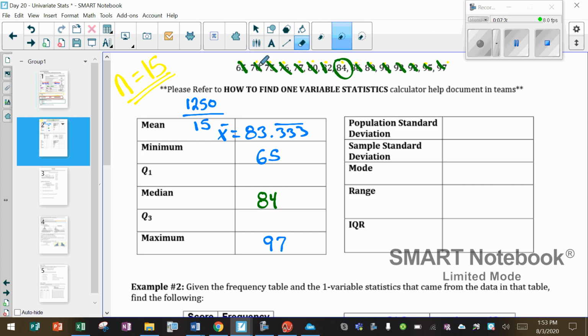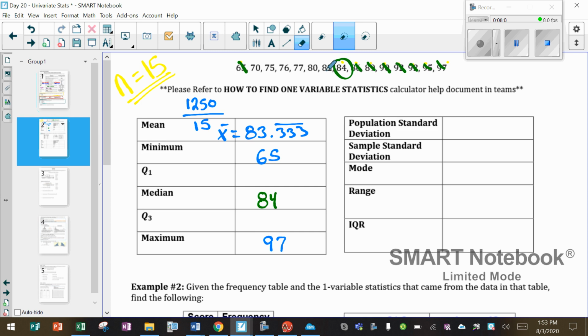So if our median is 84, now we have to find Q1, the lower quartile. So we count in from each end, from the midpoint, from the median of 84, and from the minimum of 65, we have to find the score that's in the middle of those.